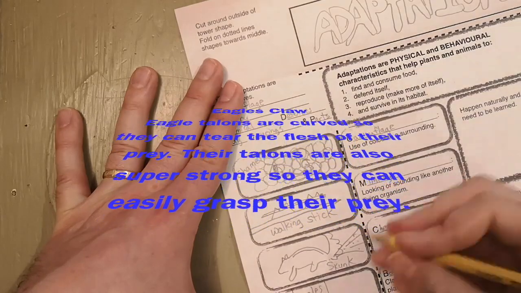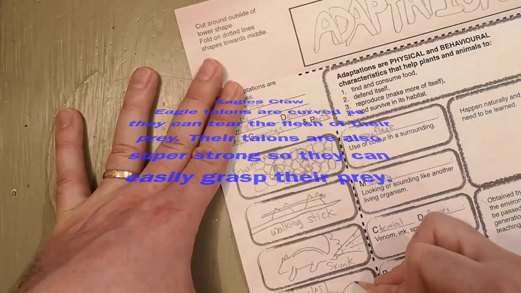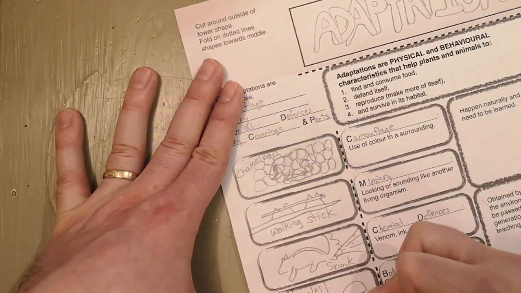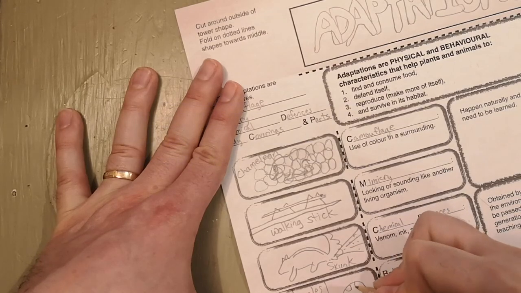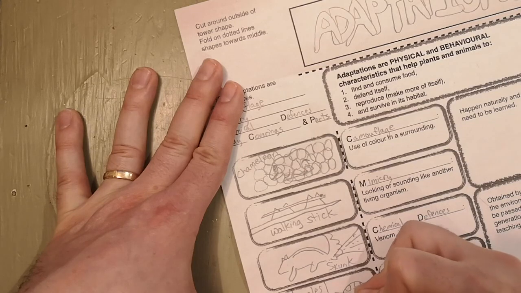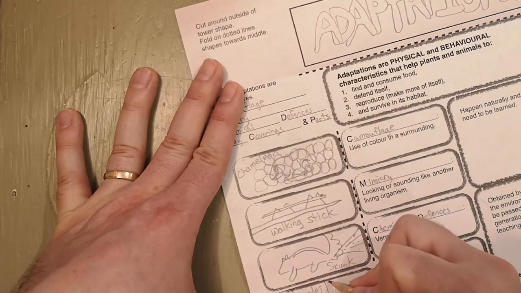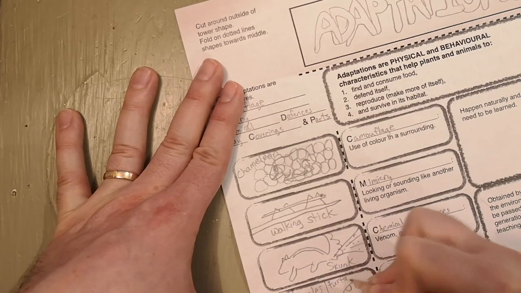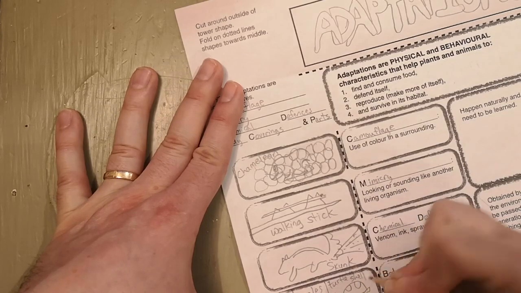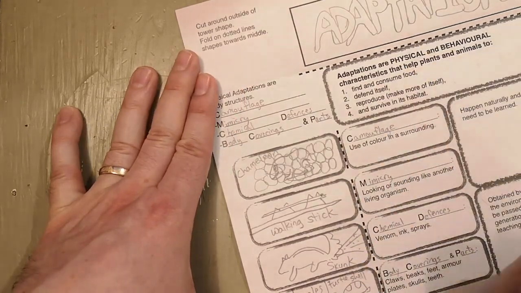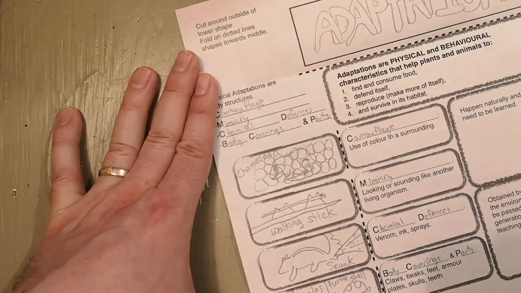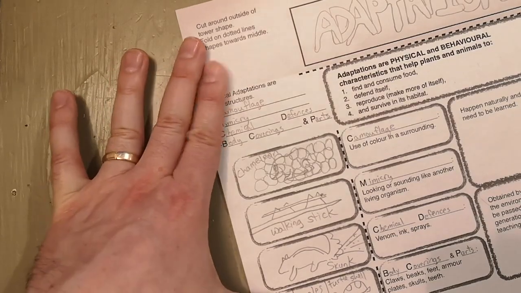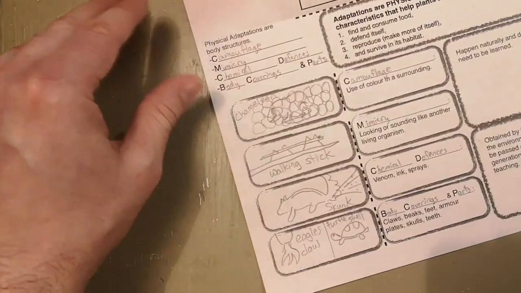I have an eagle's claw, and I'm actually going to do a turtle shell as well. And turtle shell. And that's going to be our physical adaptation so far, which you can now see.